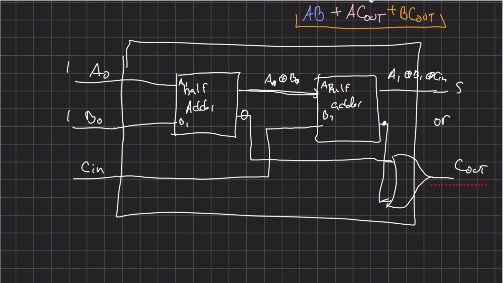Okay, let's go back again. Don't forget that the XOR has a floating curve there that the OR doesn't have. So this is an OR, and the Cout is the equation: this signal here, or this signal here.